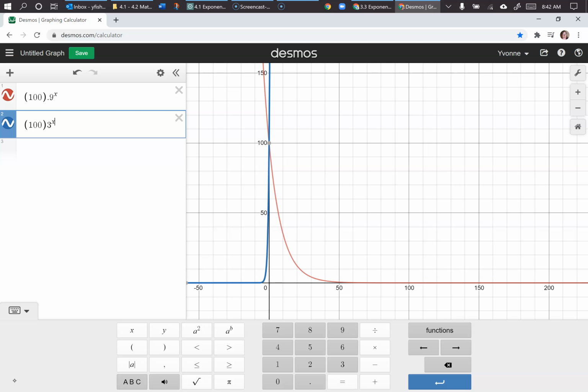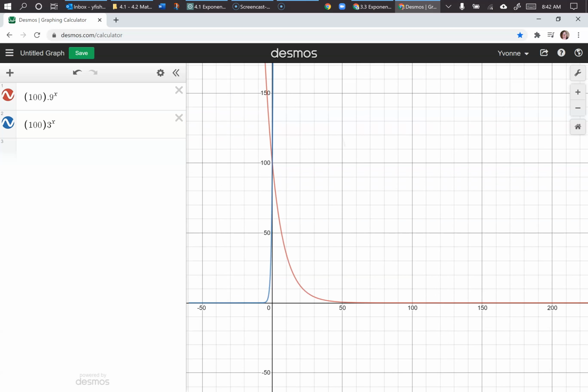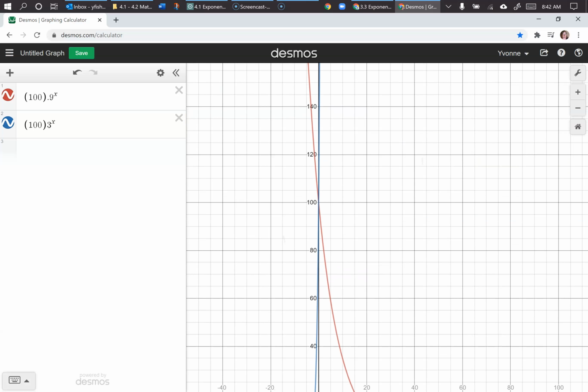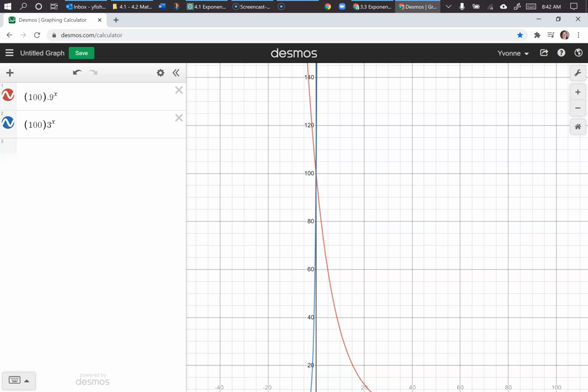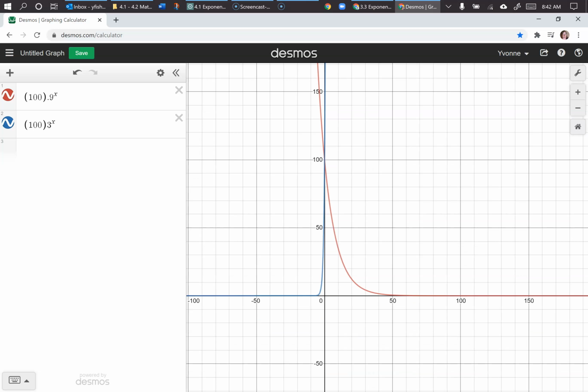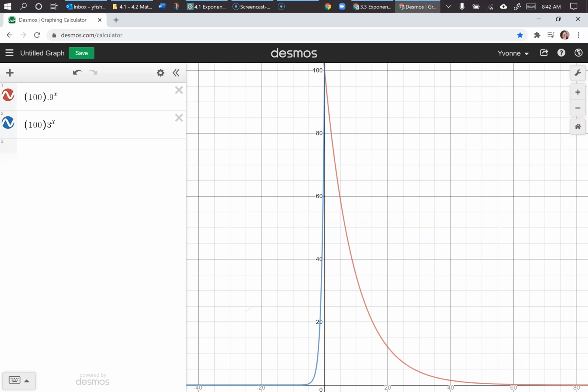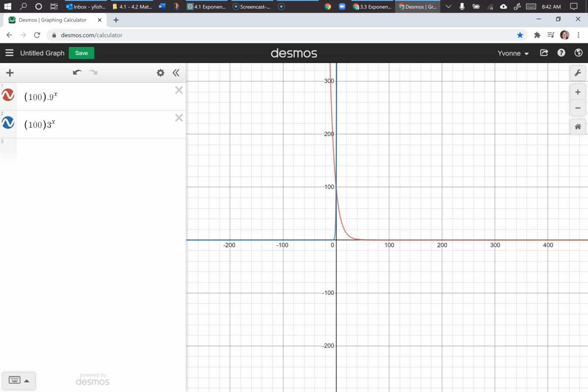We'll put that one in there too, and you can see how it goes up, but it looks a little odd, like it's almost squared off a little bit. So you can see where it would be deceiving depending on how you blow things up or shrink things down using technology. Just be aware of that.